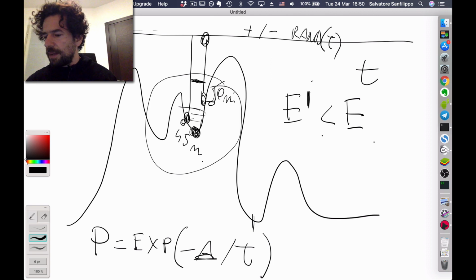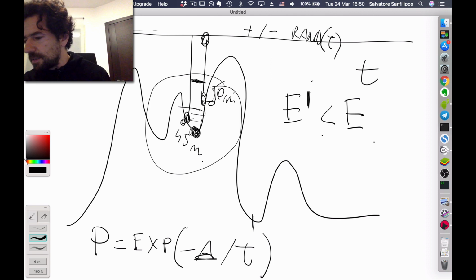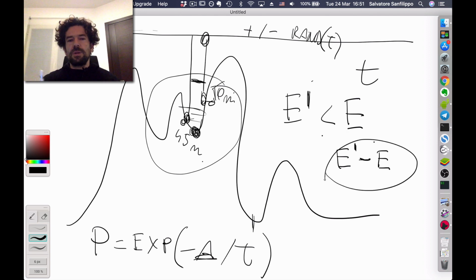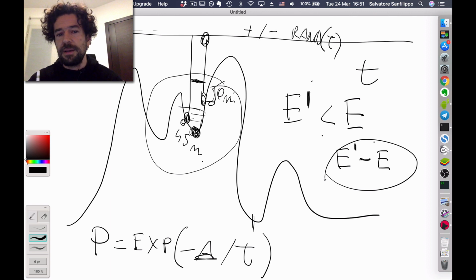The delta is basically the difference between the current error and the past error. So basically what simulated annealing will do is, if the new perturbated solution is better than the past one, I accept it always. However, if the new solution is worse than the past one, I may accept it using this probability here.